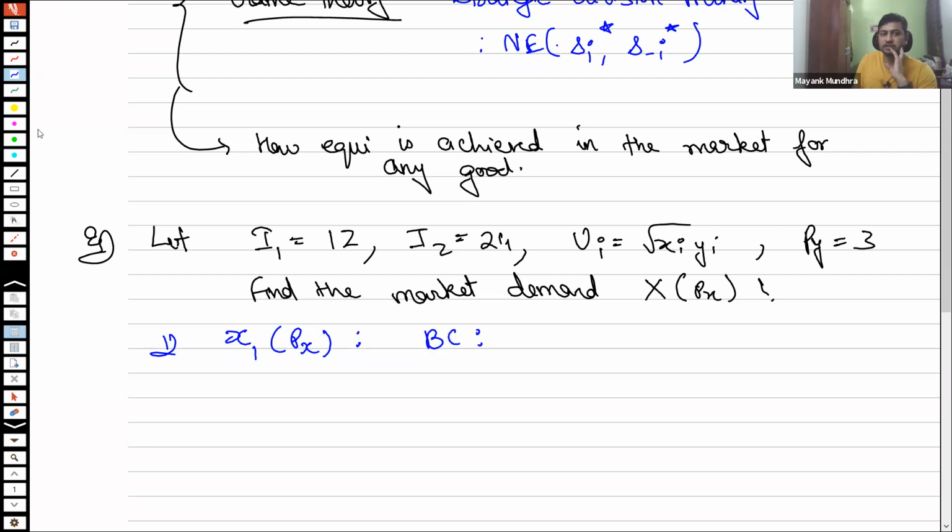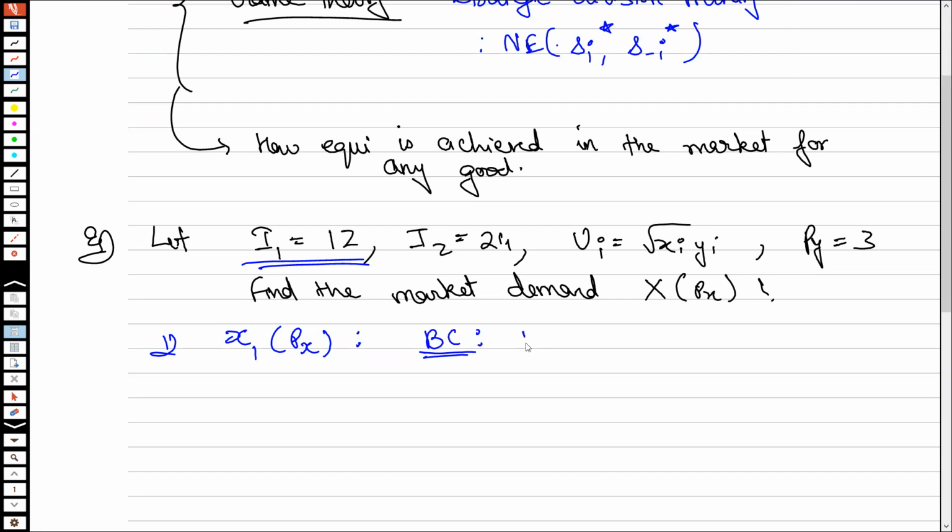So what is the budget constraint for person 1? Yuvakshi, what is the budget constraint for person 1? Sir, 12. What 12? 12 rupees. No, the equation. I'm asking the equation, Yuvakshi. Budget constraint is an equation.